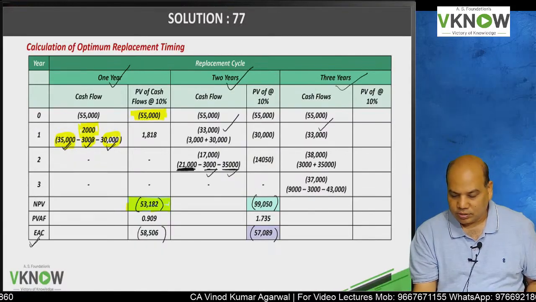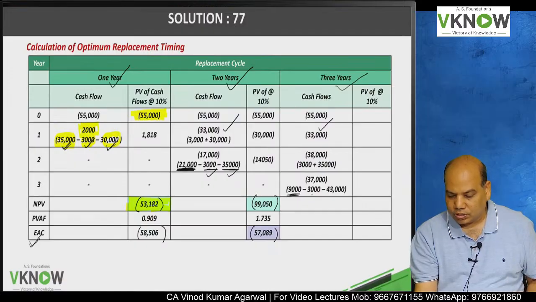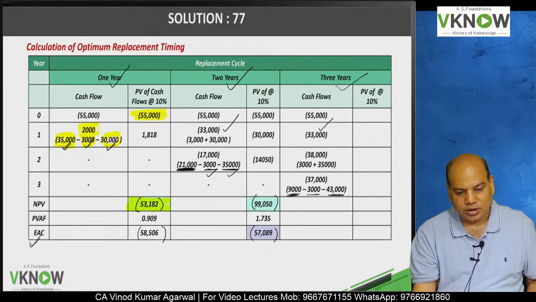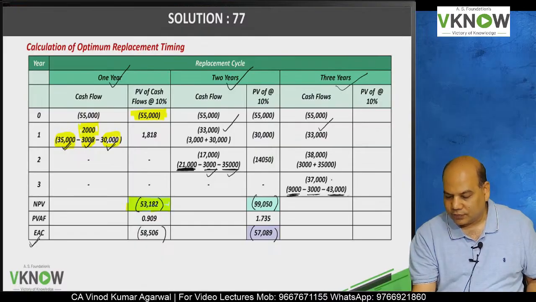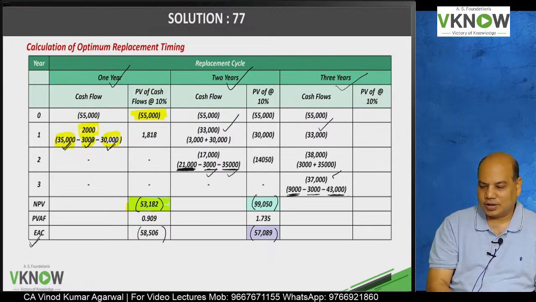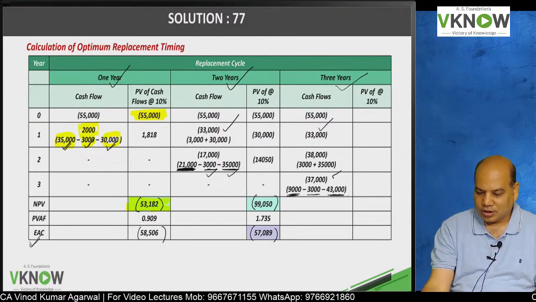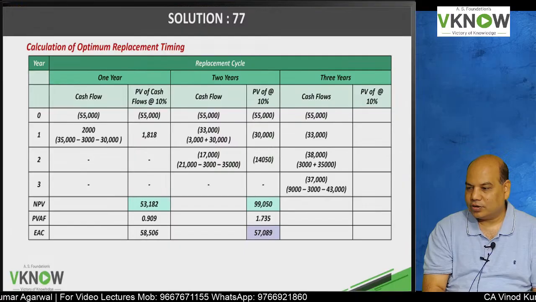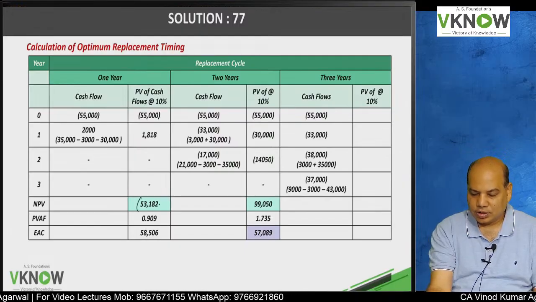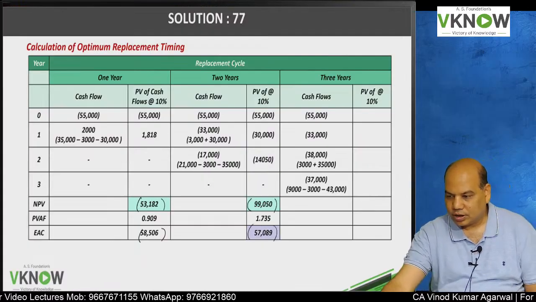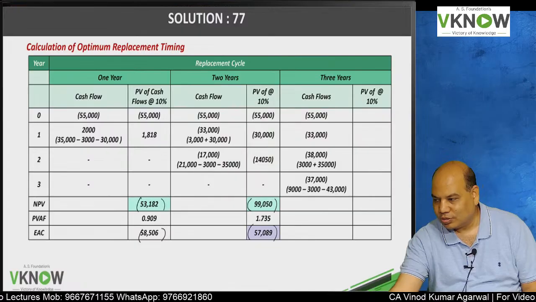And in year 3, salvage value minus road tax 3,000 minus petrol, repair and maintenance 43,000, a net outflow of 37,000. So, my learned students, please give me the answer of the last column. I am waiting for the answer. Unless you give the answer, I am not going to move forward. I will wait, but I will not go ahead.